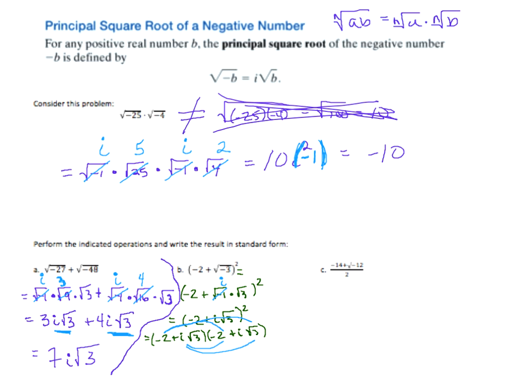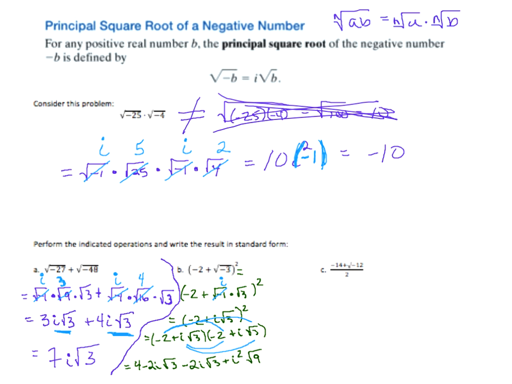That gives me -2 times -2 is 4. -2 times i square root 3 is -2i square root 3. i square root 3 times -2 is also -2i square root 3. And i square root 3 times i square root 3 is positive i squared square root 9. 3 times 3.